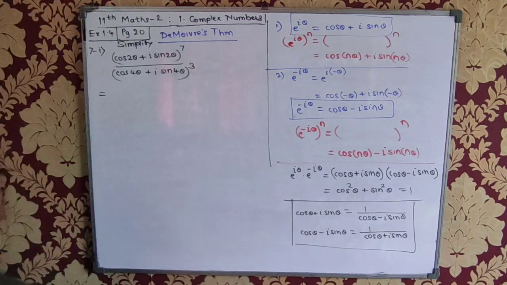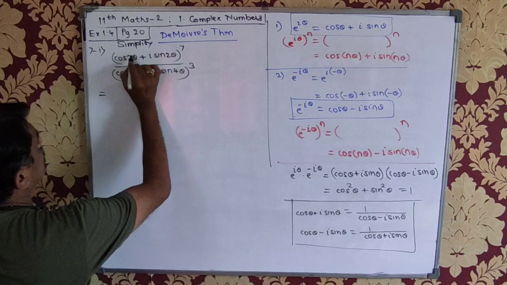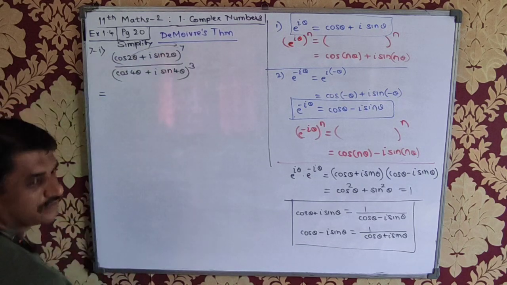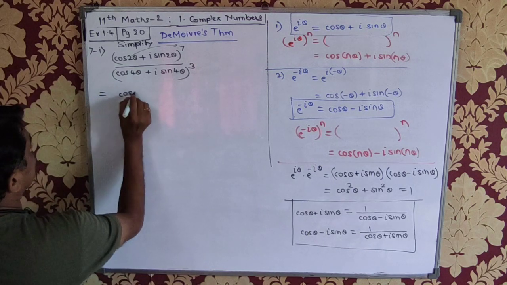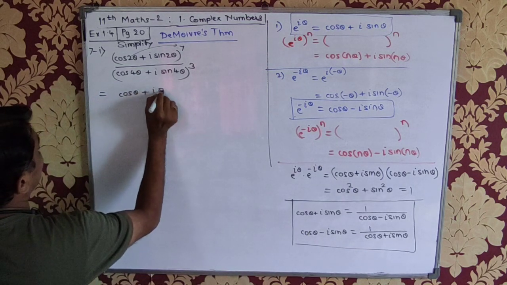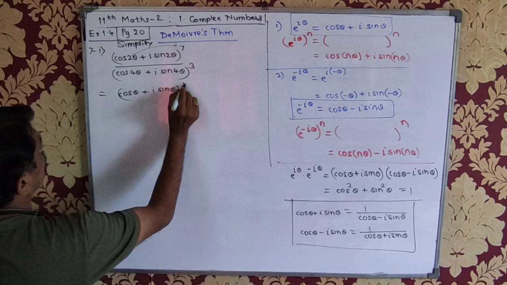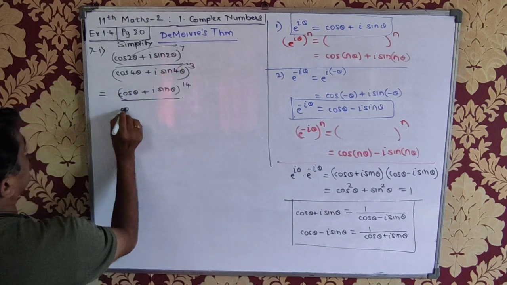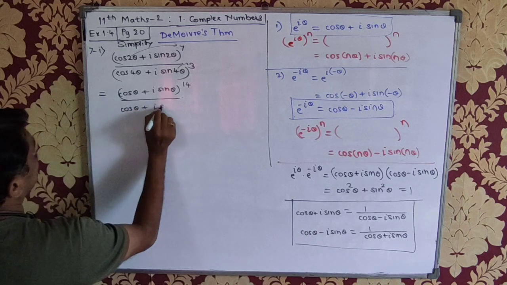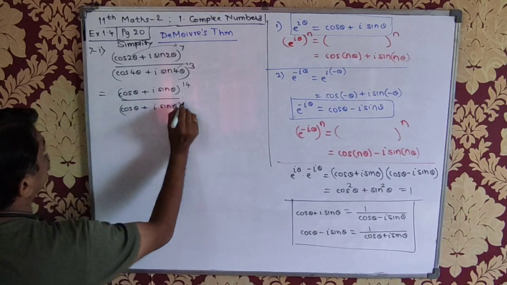जैसे मैं 7 को अंदर ले सकता हूँ वैसे मैं 2 को तो बाहर भी ले सकता हूँ. So this will become (cos theta plus i sin theta) raised to 14, divided by 4 को बाहर ले लो, 12, (cos theta plus i sin theta) raised to 12.